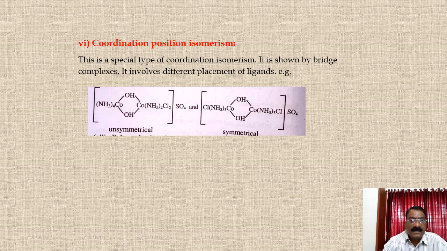The first complex is unsymmetrical, with both Cl ligands on one side, but in the second one of the Cl is replaced with NH3 and we have a symmetrical composition of the ligands. The position of the ligand gets changed and so it is called coordination position isomerism.